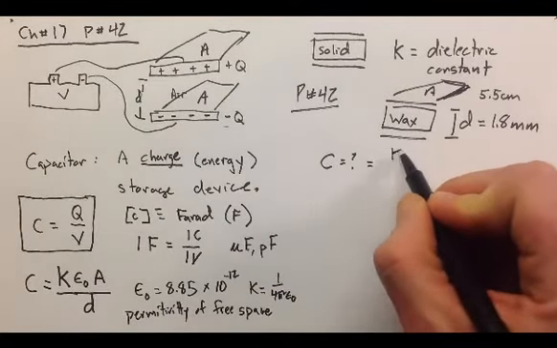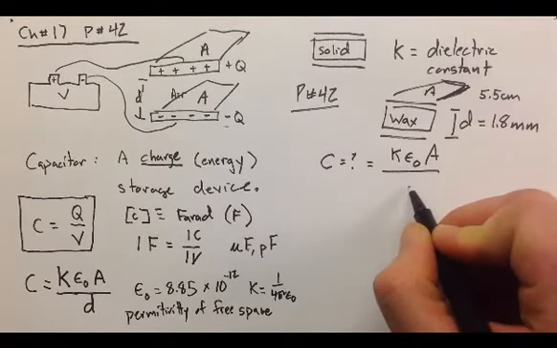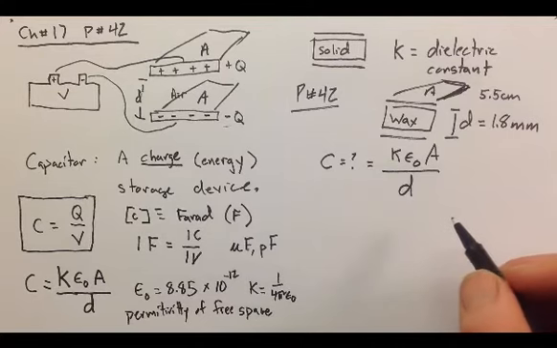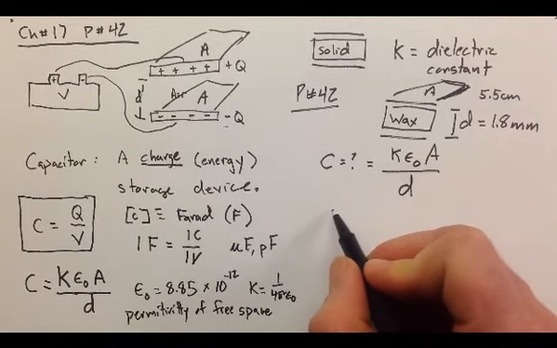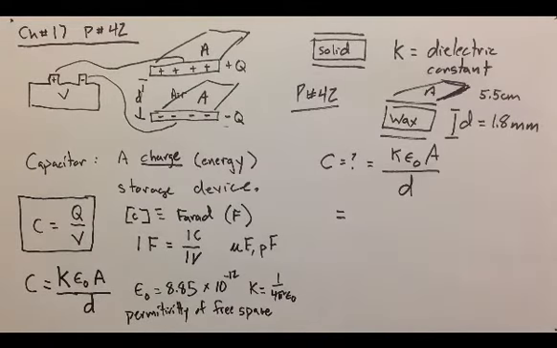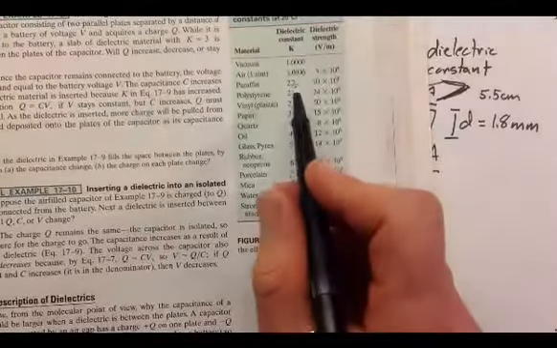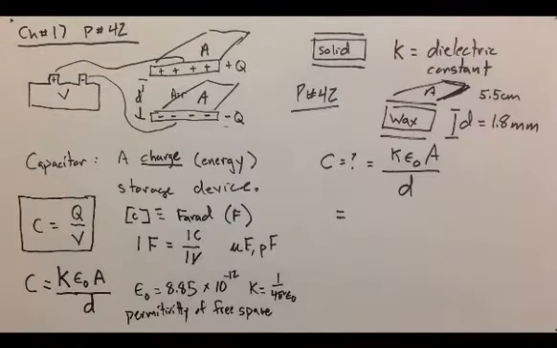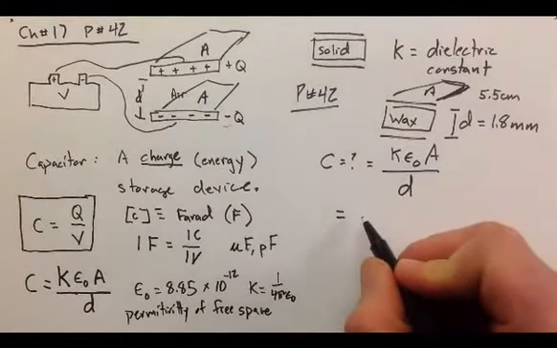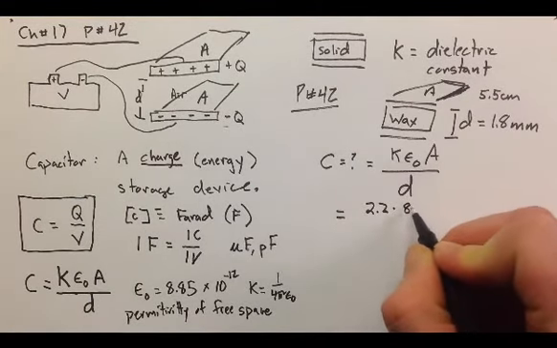Well, this is right up the alley of the equation we just talked about for the capacitance of a parallel plate capacitor with a dielectric in it. So the dielectric constant here, I'm going to look up for paraffin wax. Looks like that's about 2.2. All right. So by having that in there, I'm increasing the capacitance by that factor.